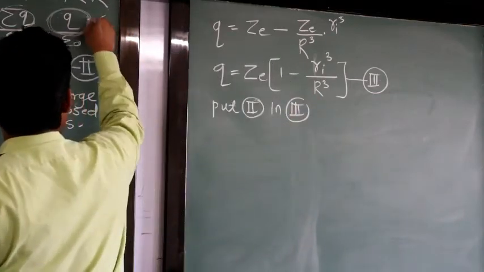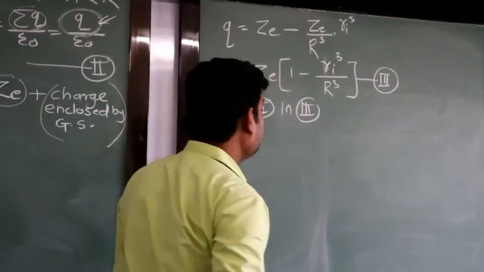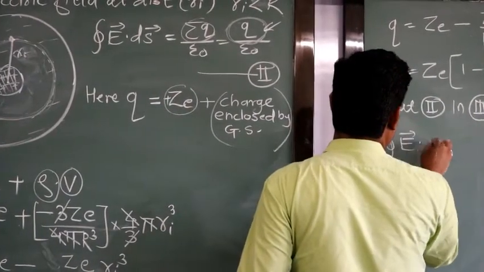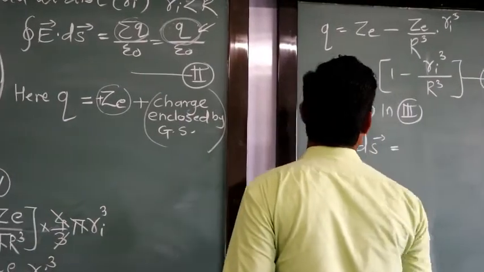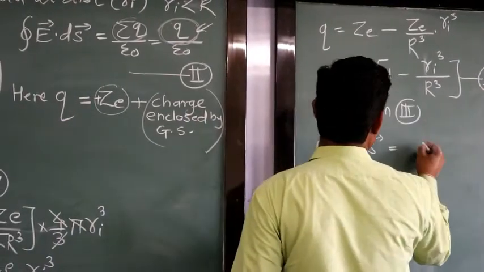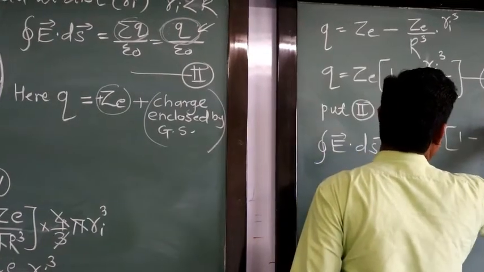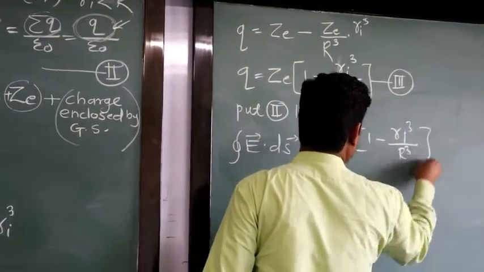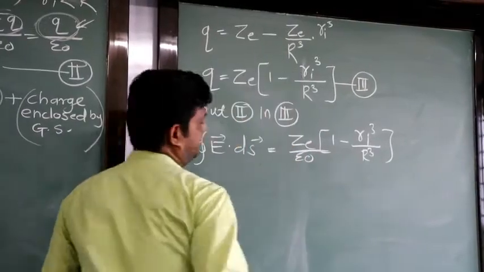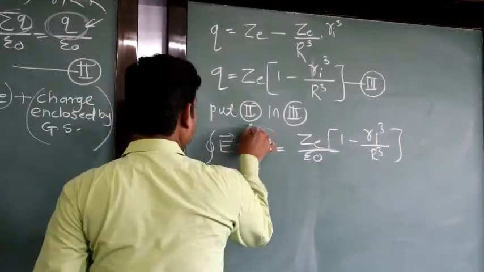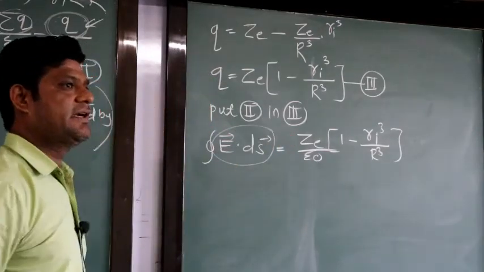Now we put the value of q over here. So closed integration E vector dot ds vector equals, the value of q is Ze times 1 minus Ri cube divided by R cube, divided by epsilon 0. Correct? Now E vector dot ds vector.